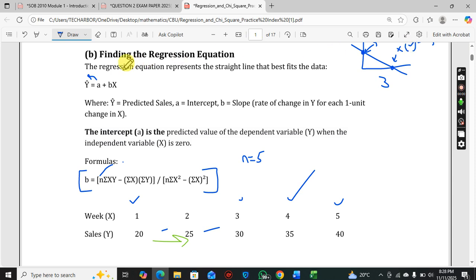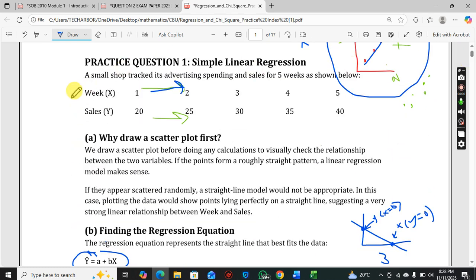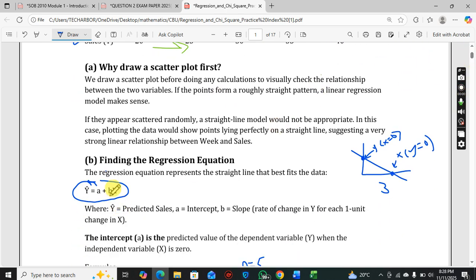Yes, we're trying to find the regression equation, Y equals A plus BX. We're trying to show the relationship between the weeks and cells using this regression equation.